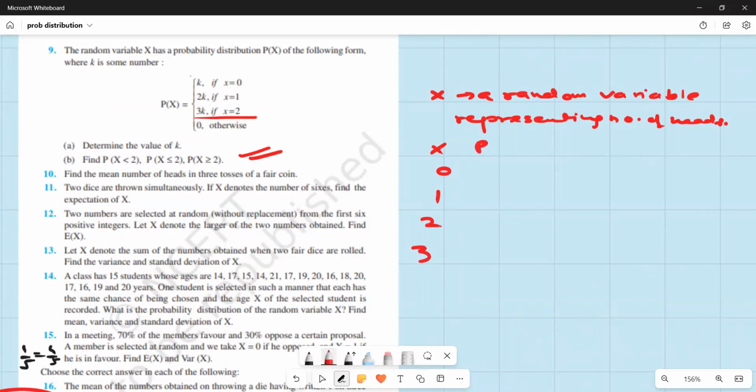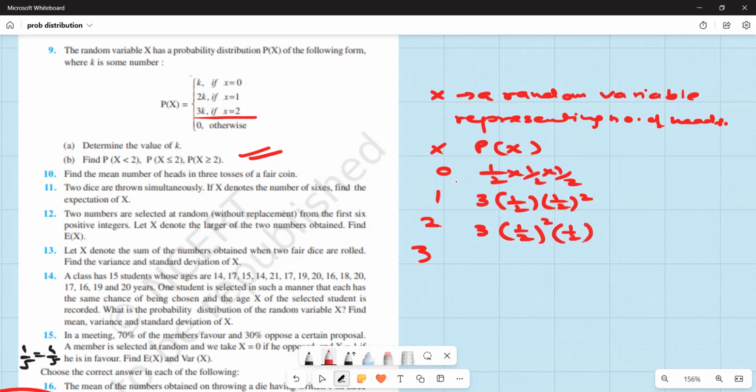Px will be when there is no head, then all the tails are there, 1 by 2, 1 by 2, 1 by 2. Then 3 cases, 3 into 1 by 2 of head and 1 by 2 square for the tail. Then 3 into 1 by 2 square for the head, 1 by 2 for the tail, and then 1 by 2 cube for all 3 heads.